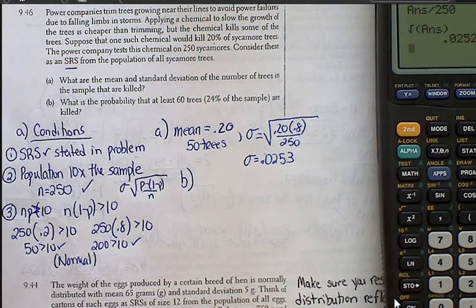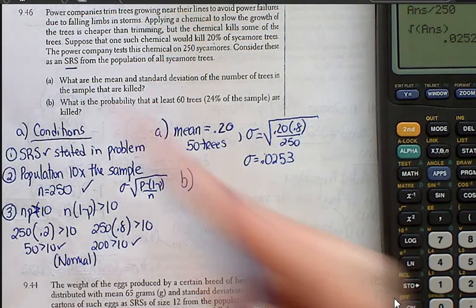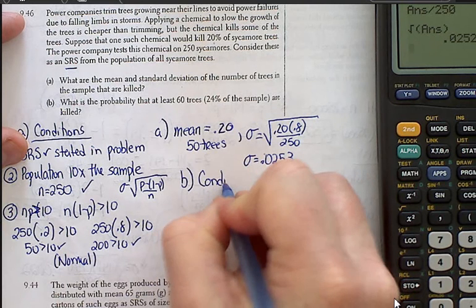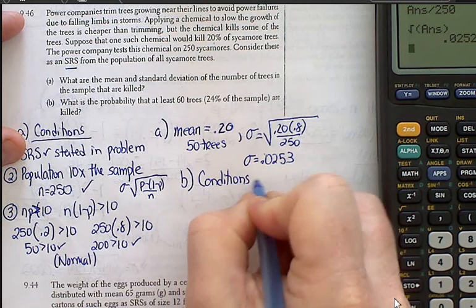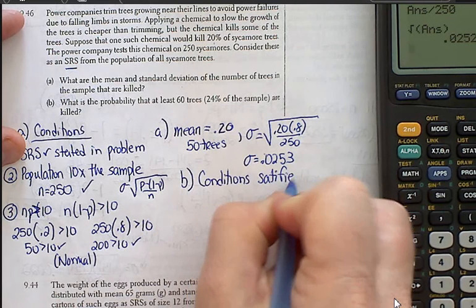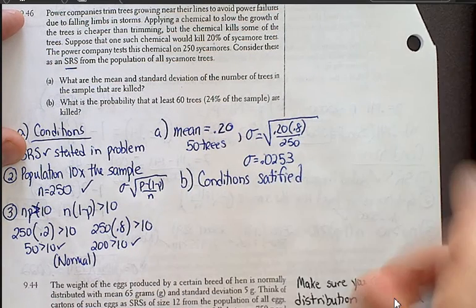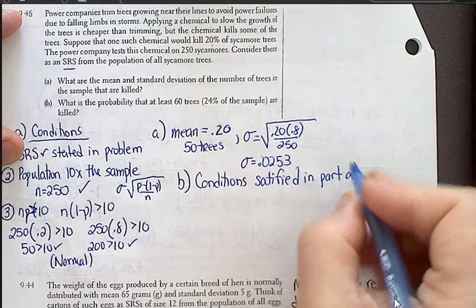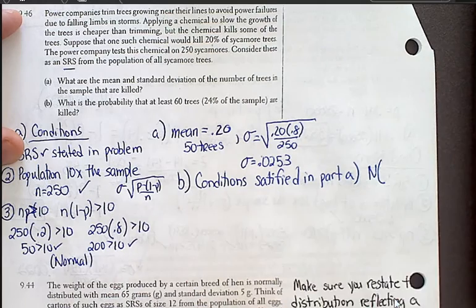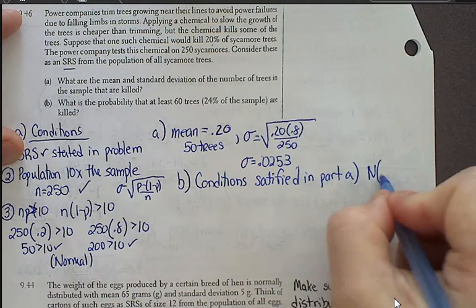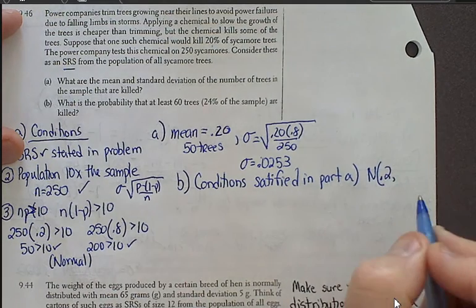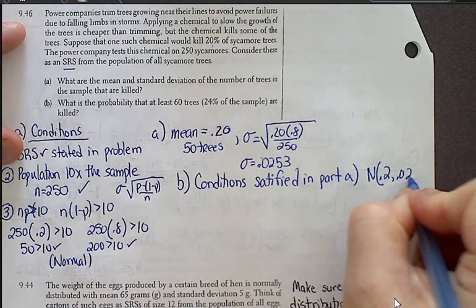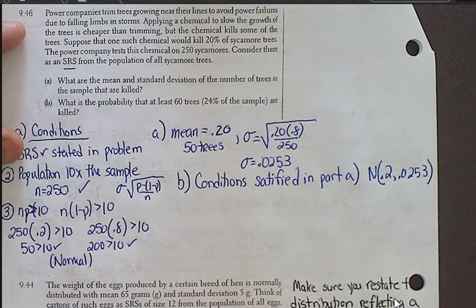We can start by saying the conditions were satisfied in part A, and we know that the distribution we're going to use for this problem is normal with a mean of 0.2 and a standard deviation of 0.0253. That's the information we can pull from A and use in this problem.